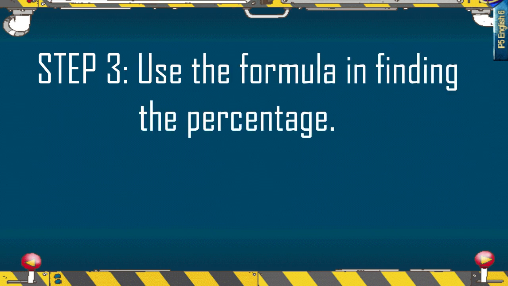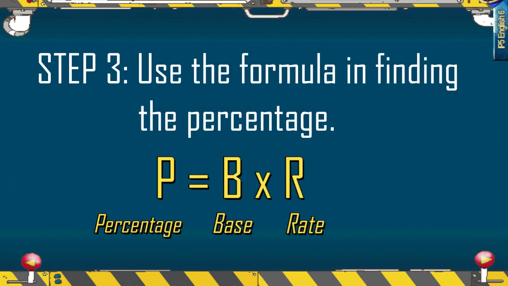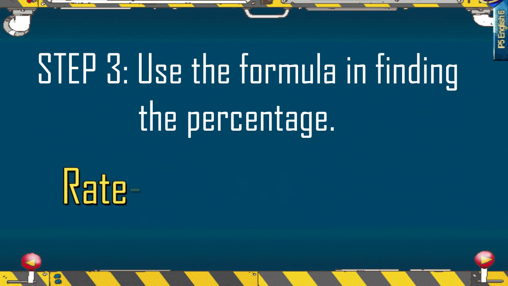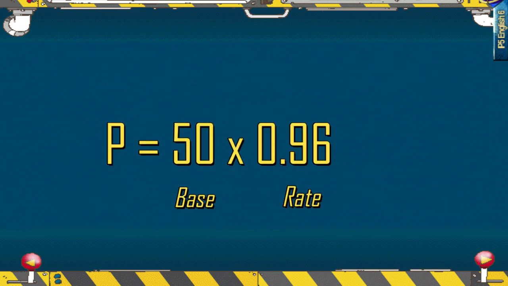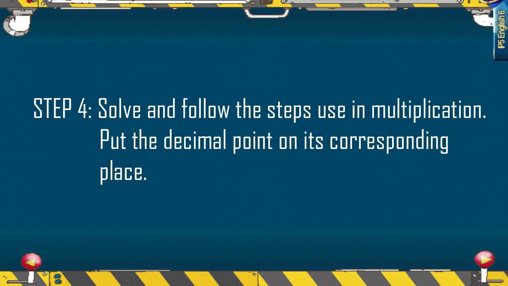Step 3. Use the formula in finding the percentage and change the rate to a decimal by moving the decimal point of the rate twice from right to left, then multiply it to the base. Step 4. Solve and follow the steps used in multiplication.